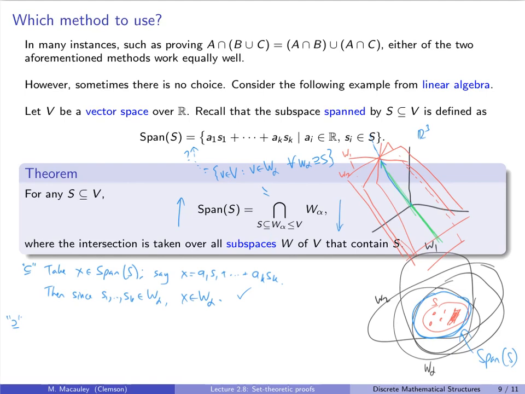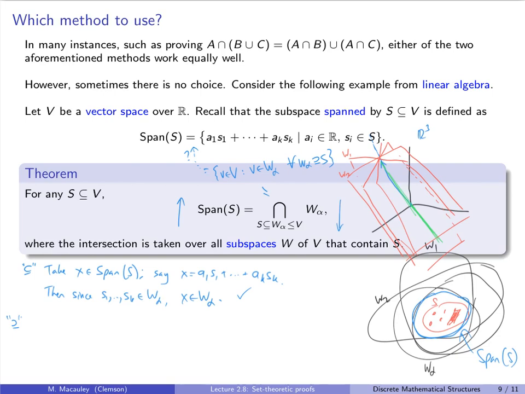I don't know what sort of form it has. Can it necessarily be written as a linear combination like this? I don't know. I have potentially infinitely many mysterious subspaces that all I know is that they contain S. I don't know how to write an arbitrary element in the intersection.